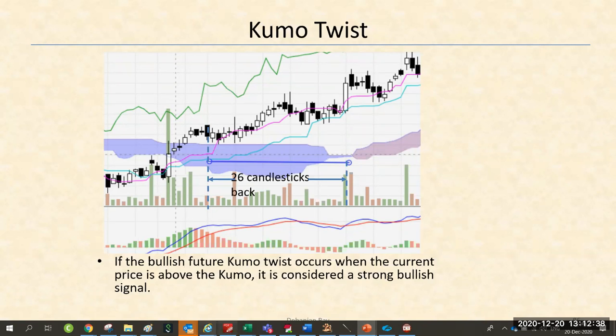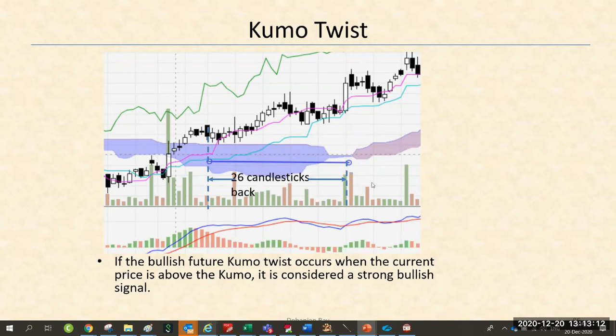Now let's look into the Kumo twist. Kumo twist is a signal where you always look from the current candle and then ahead. You go ahead 26 candles. And then what is the color of the Kumo? This one is bearish and this is a bullish Kumo.